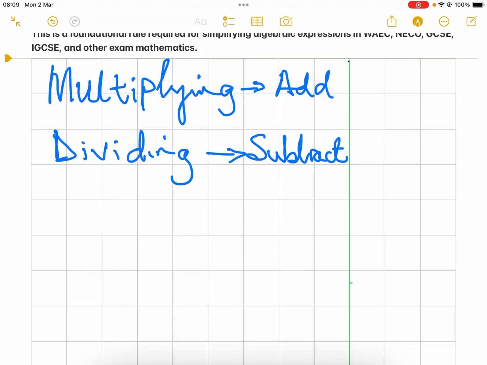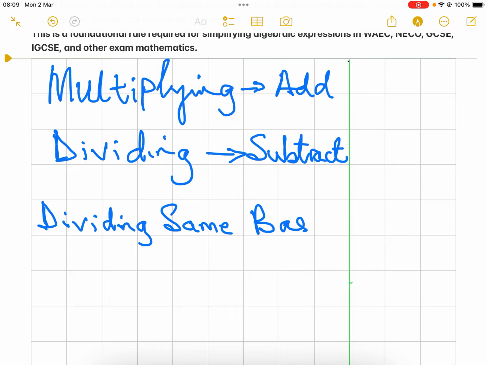When dividing, subtract. Take note of that. So today, or in this class, let's consider dividing same bases. Take note of that.